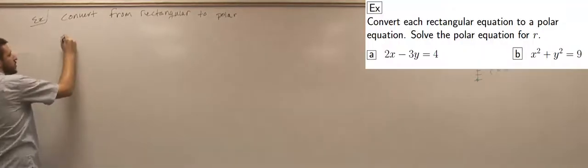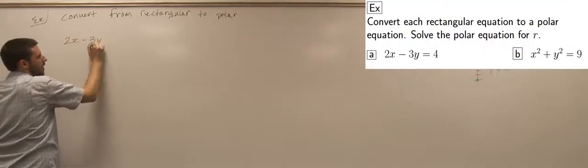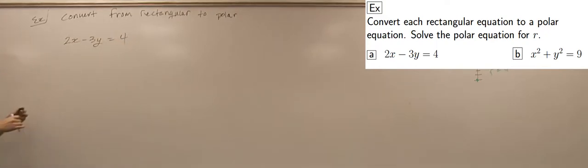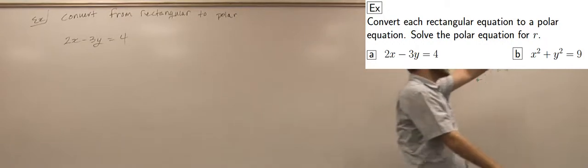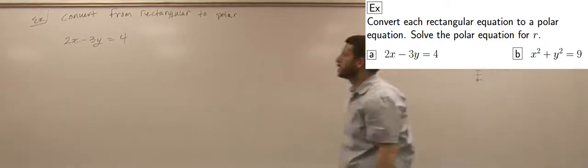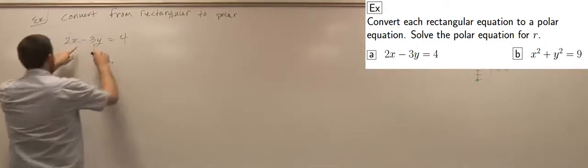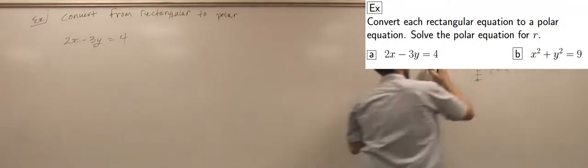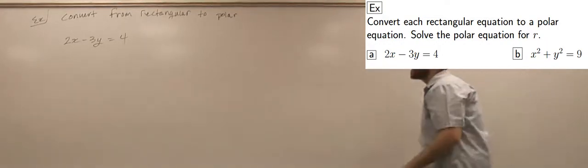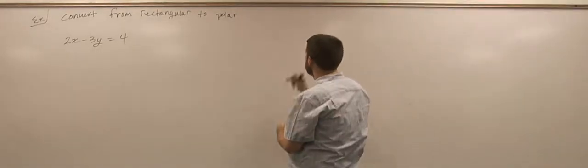You're given this equation, 2x minus 3y equals 4. And it says convert each rectangular equation to a polar equation. So I want to convert my x's and y's to r's and theta. Let me write down the 4 things that I know in the entire world.